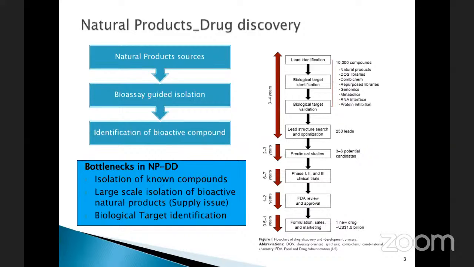In the natural product area, you have a natural product source, any source, let's say a plant source. From the plant source, you first get the extract, then you try to find the bioactive molecule, and then you try to find the structure of that bioactive molecule, the identification.